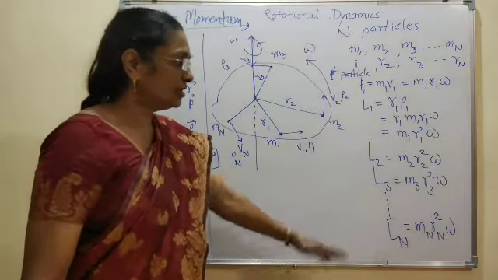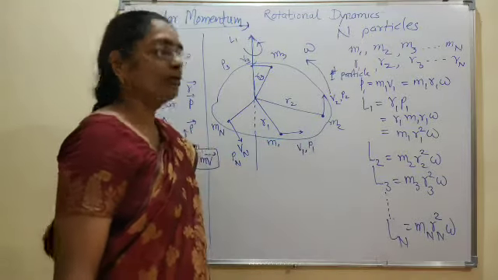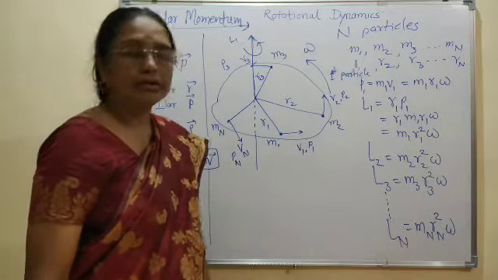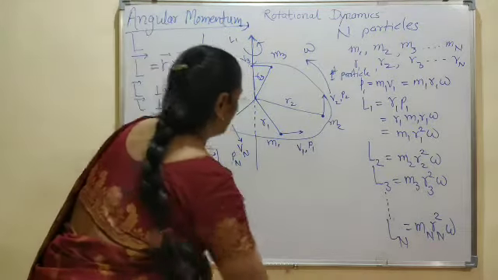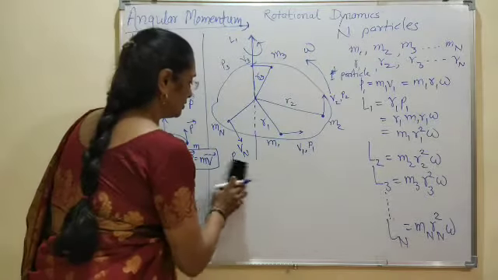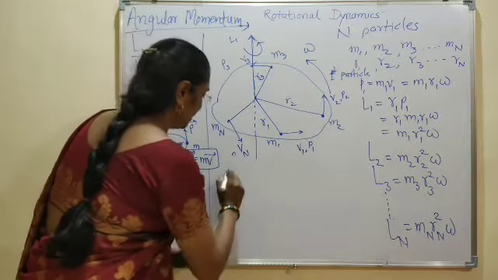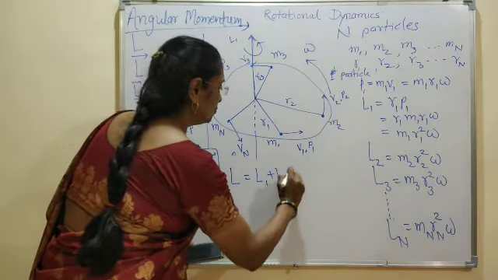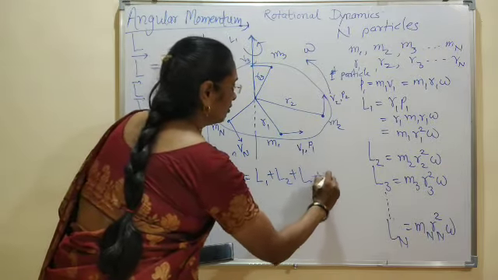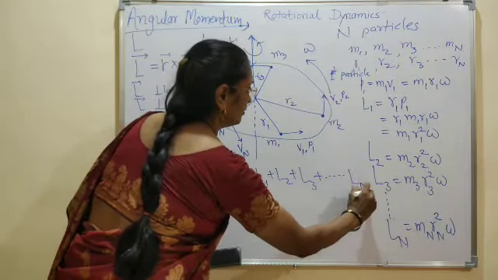Now all these angular momenta, we can take their algebraic sum, then we get the total angular momentum of the body. Here L is equal to L1 plus L2 plus L3 up to Ln.